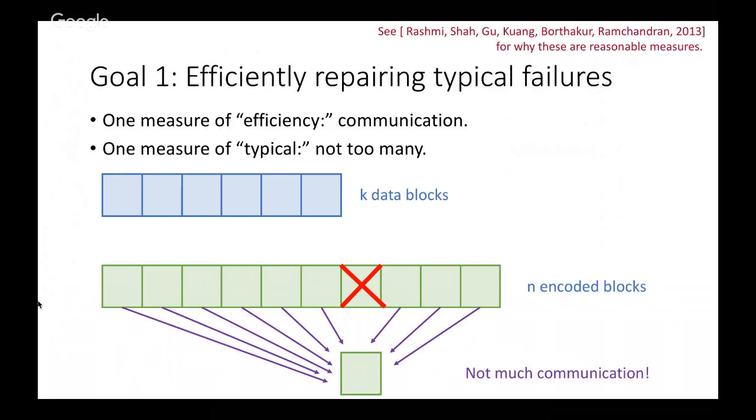They showed that network bandwidth really was the bottleneck in this distributed storage system. And also they showed that 98% of the time, basically only one node was failing at a time. So this is a reasonable notion of efficiency and typical.